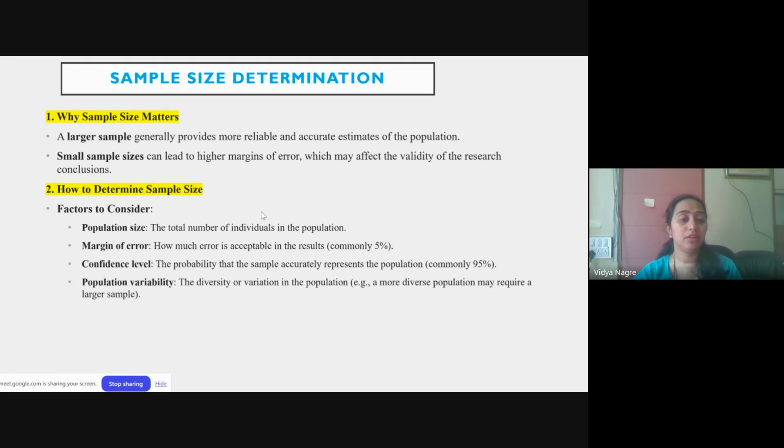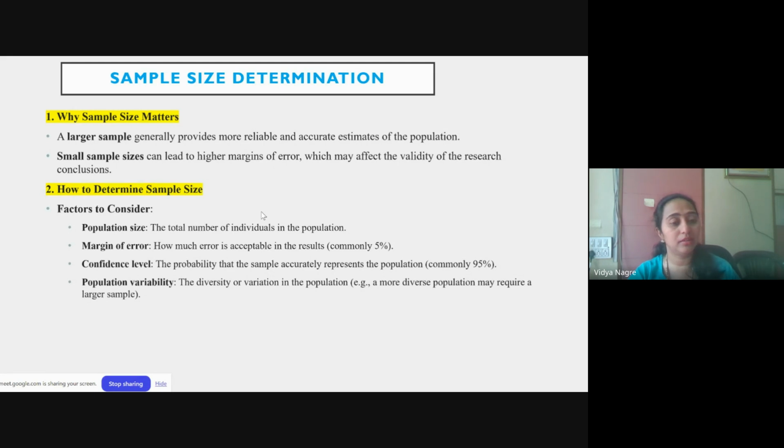Then margin of error. How much margin of error is acceptable in the result? If there is a 5% difference in the result, that is possible, it's okay. But if it is more than that, then you have to reinvestigate. You had better go for a different sampling technique. Thereafter, confidence level, right?